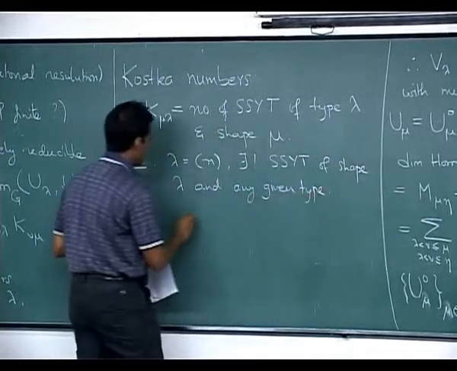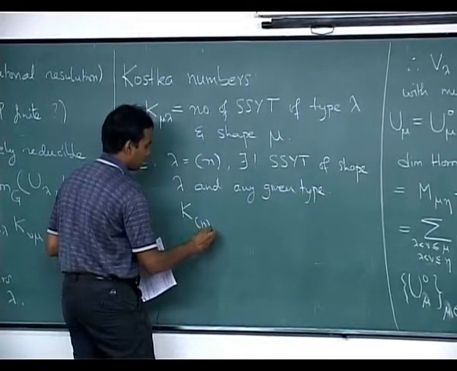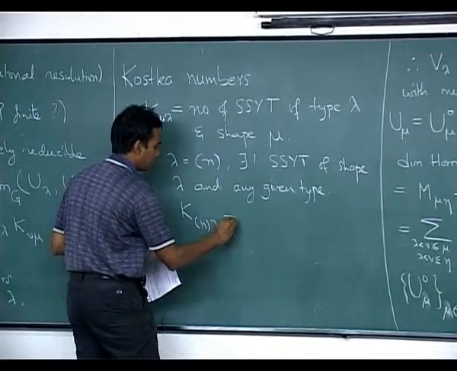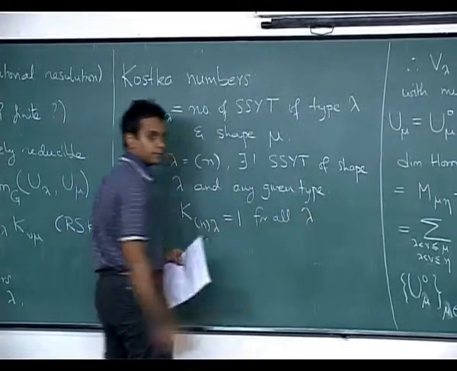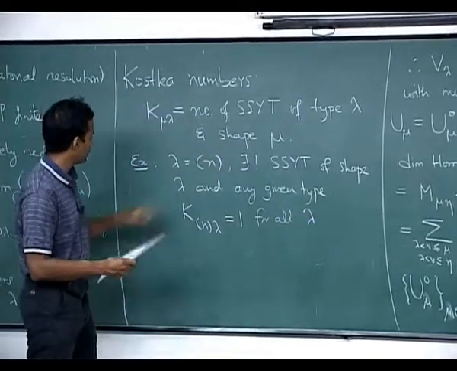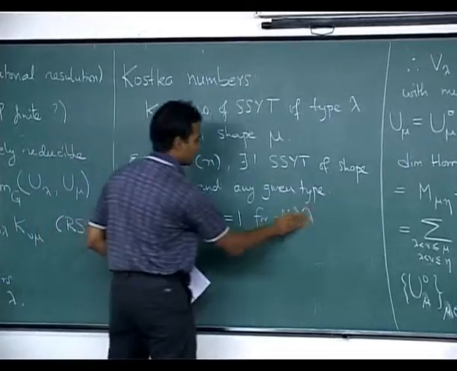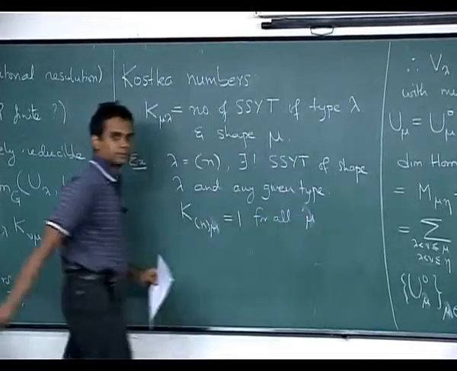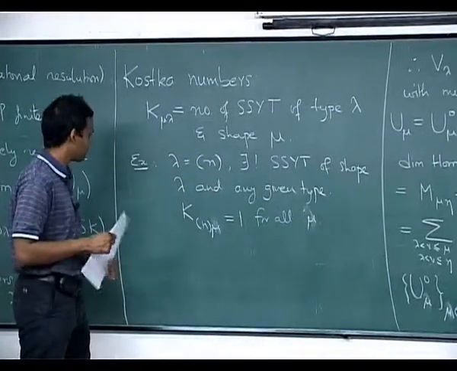So what we get is K_{n mu} equals 1 for all mu. Oops, we'll say mu, since I called n itself lambda.